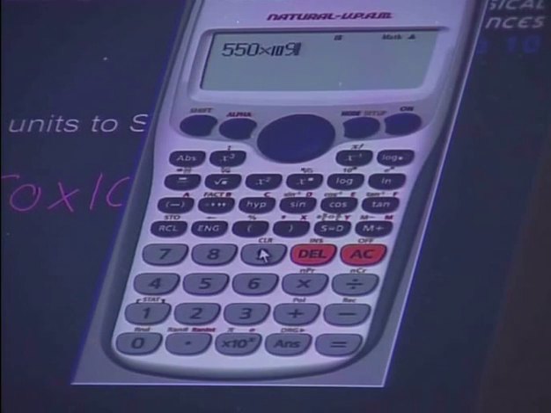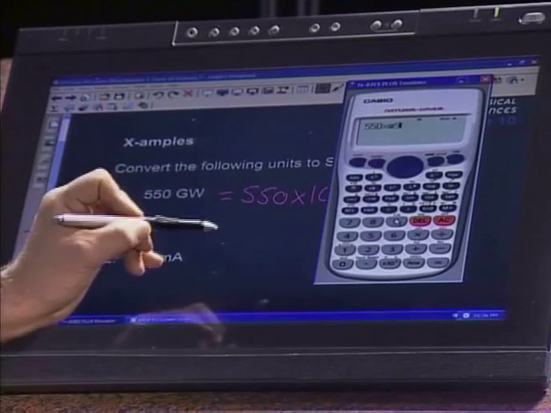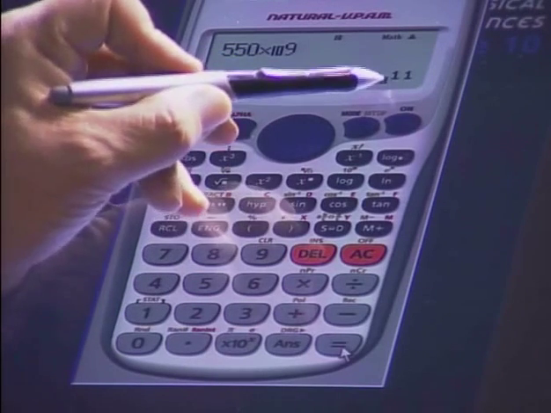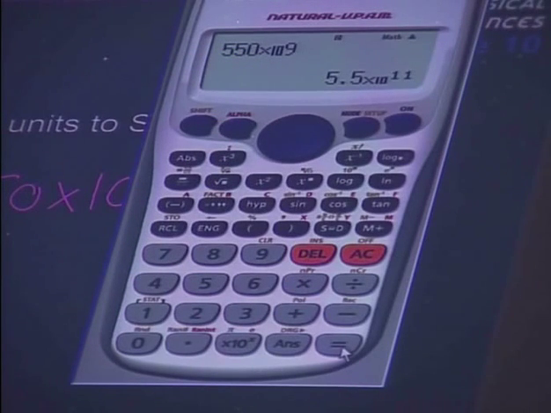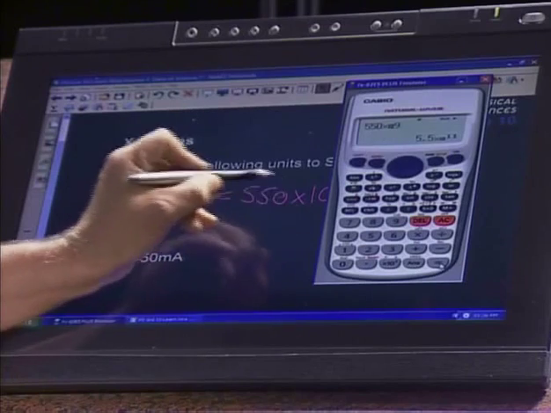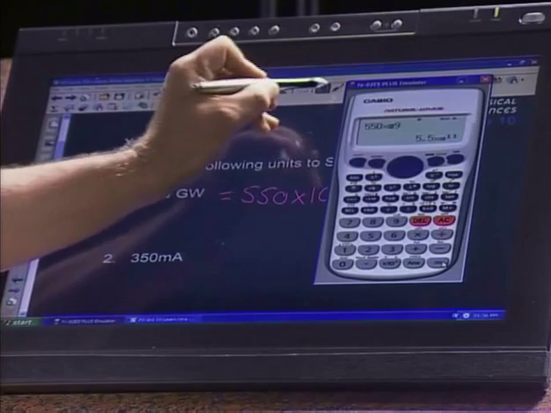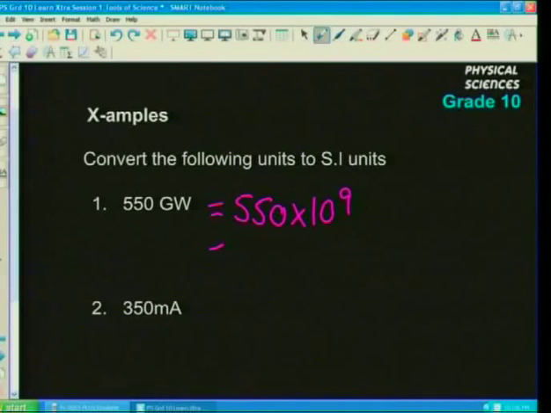So that's the G standing for times 10 to the 9. And if I put that as an equal, it will give me 5,5 times 10 to the 11, because it's included the 2 decimal places there. So I'm going to write the final answer as 5,5 times 10 to the 11 watts. I've converted from gigawatts to watts.